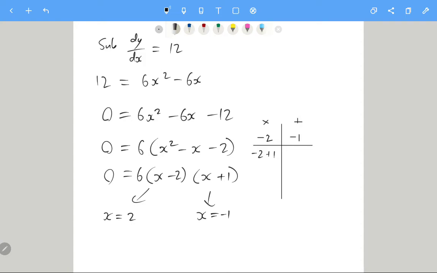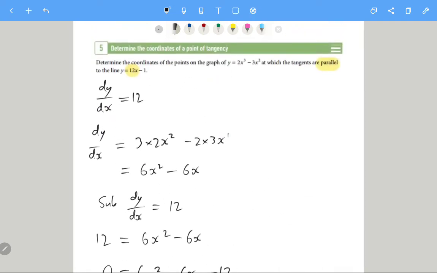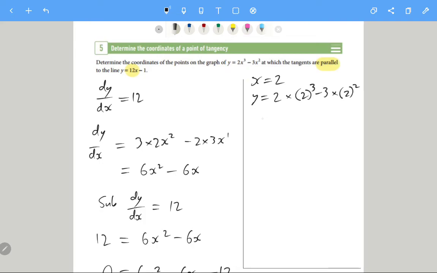But once again, this only tells me half of the coordinate. For a true coordinate, we need to know the y value. So we need to go back and substitute into our original function y. So first solution was x equals 2, and we're going to sub that into y is equal to 2 times 2 to the 3 minus 3 times 2 squared. 2 to the 3 is 8 times 2 is 16, minus 3 times 4 is minus 12. So the first point is 2, 4.